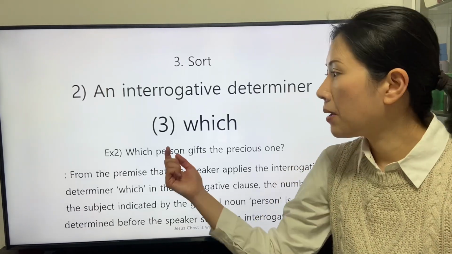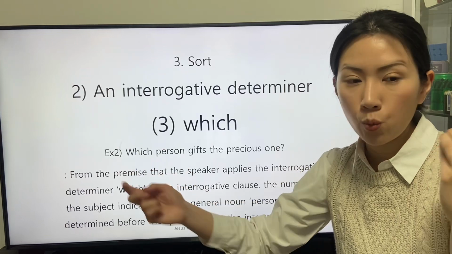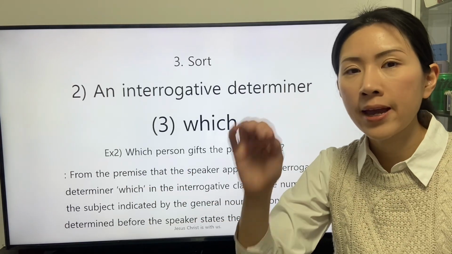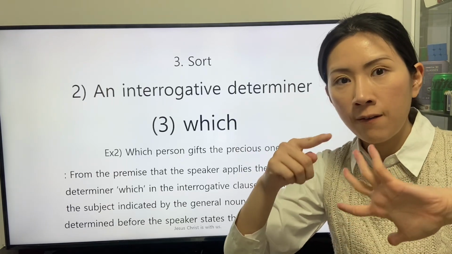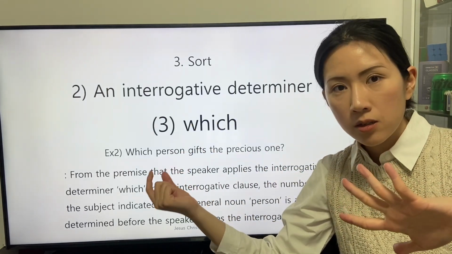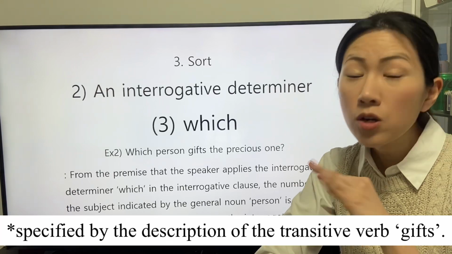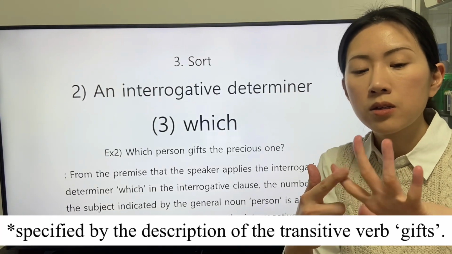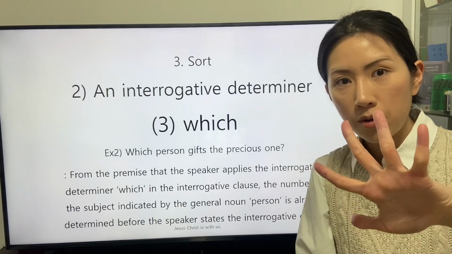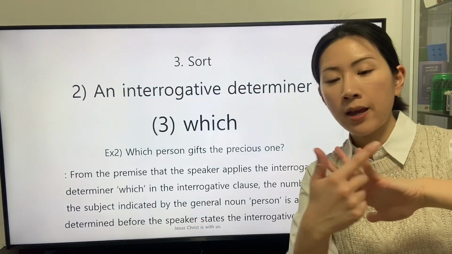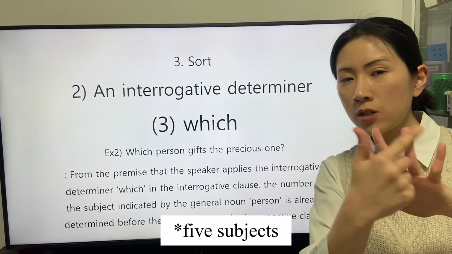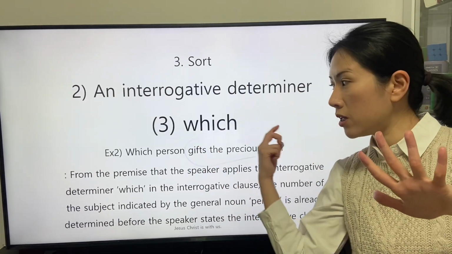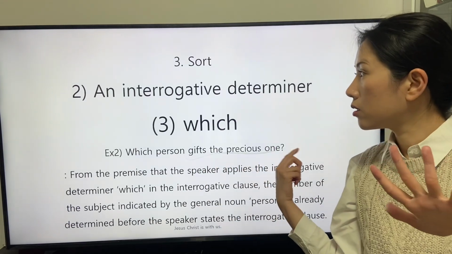The description by the interrogative determiner which reveals that the options of the subject are 5. One of them will be specified by the description in the interrogative clause.